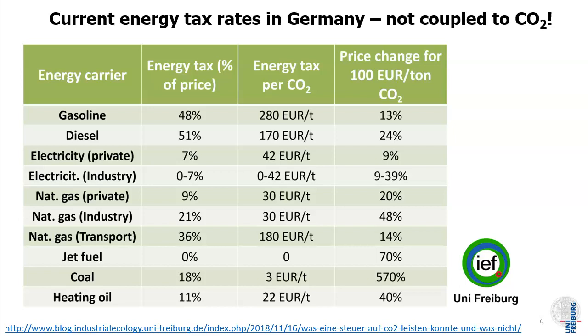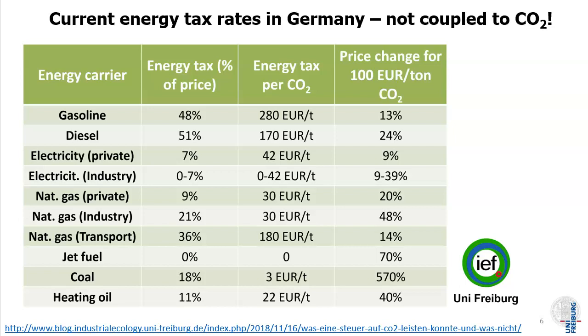For diesel and gasoline, this is more than 150 euros per ton, so we already have a very high energy tax load compared to the carbon. But for other fuels, it's much less, like ridiculously low again for coal, where the energy tax is almost nothing, and also compared to carbon is almost nothing.